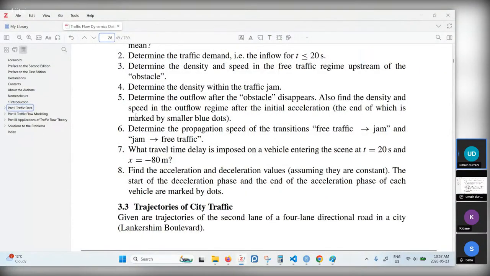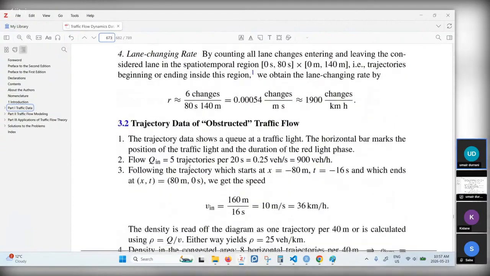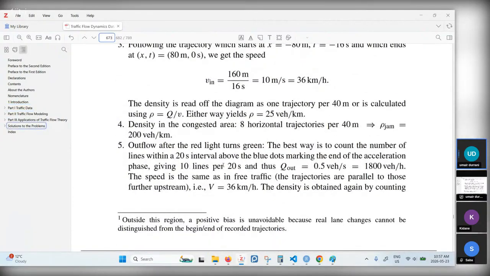So this was question number 5. Solutions. Outflow after the red light turns green. The best way is to count the number of lines within a 20-second interval above the blue dots.